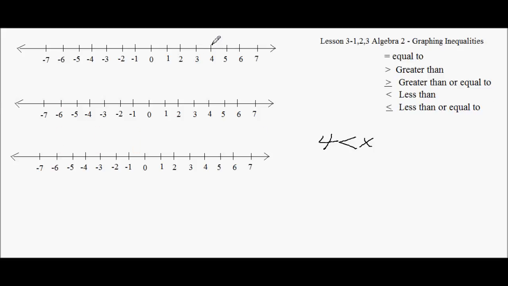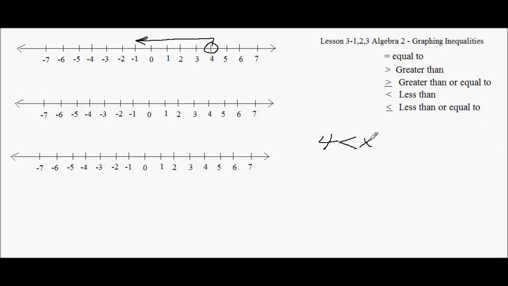I always see this, and they think this means less than, right? This means X is less than 4. Well, it doesn't mean that. It means 4 is less than X. It means 4 is less than all these numbers. So these numbers must be greater than 4, right?